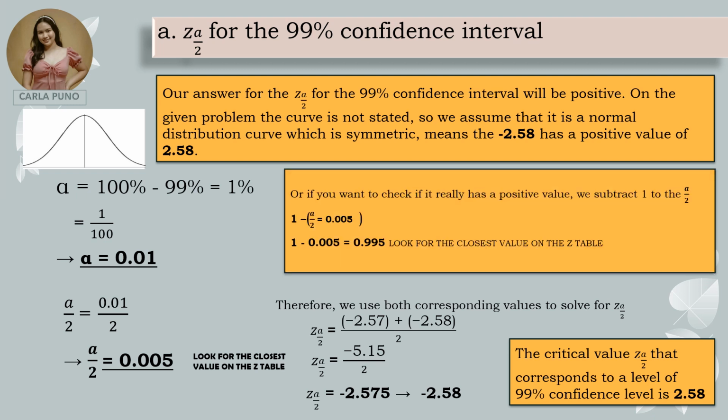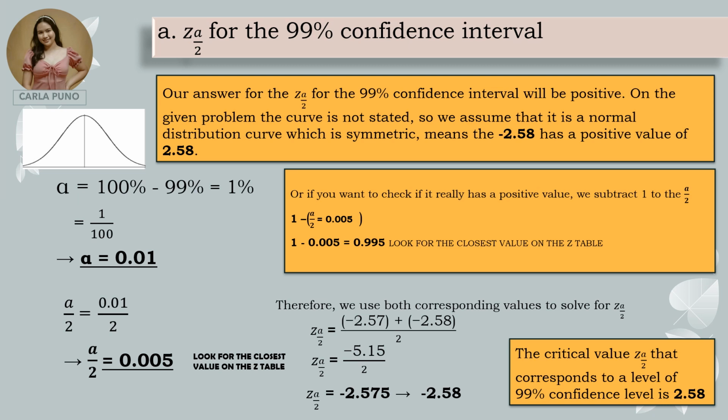If you want to check if it really has a positive value, we subtract alpha over 2 from 1. We have 1 minus alpha over 2, and the value of our alpha over 2 is 0.005. Now we have 1 minus 0.005 is equal to 0.995.